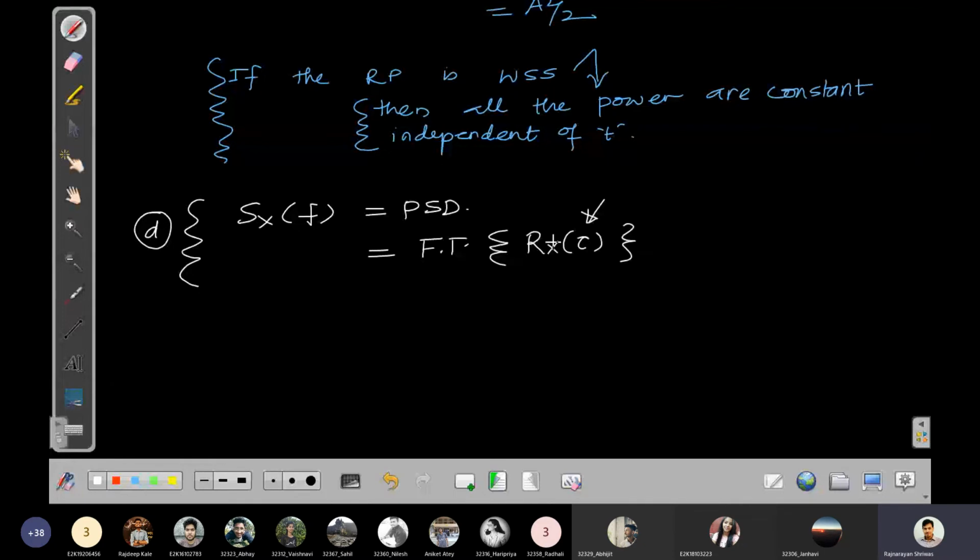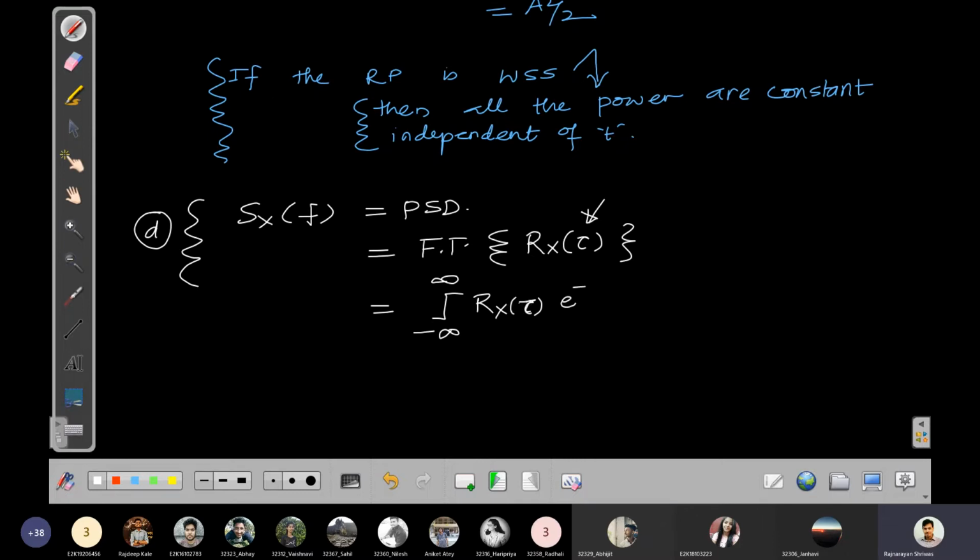So it is only the Fourier transform of the autocorrelation function, from -infinity to +infinity, of Rx(tau). We can think of this as a variable. We don't have t here, we have tau. Why am I saying tau here? Because it does not depend on the absolute time. It depends only on the time difference.